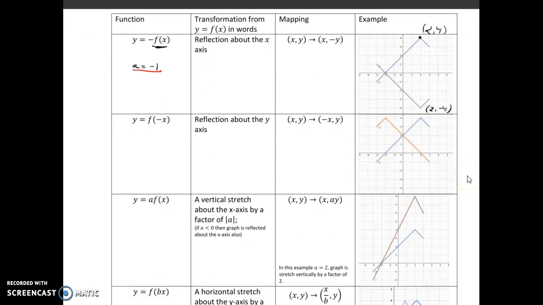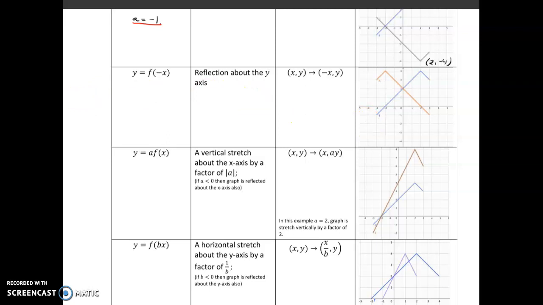Now let's move on to something a little bit different. If y is equal to f of negative x, notice the negative is attached to the x, not in front of the f. This is a reflection about the y-axis. So it takes point x, y and moves it to point -x, y.